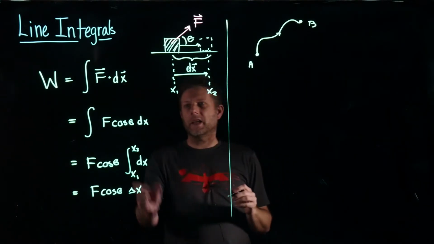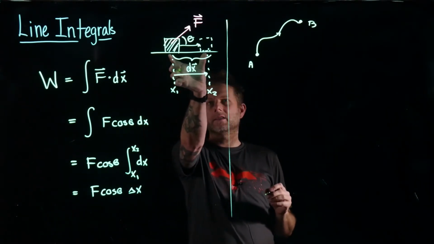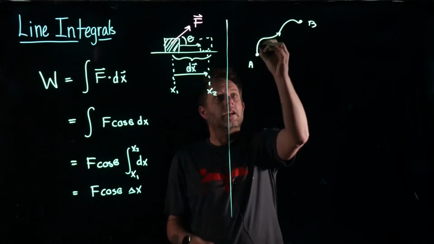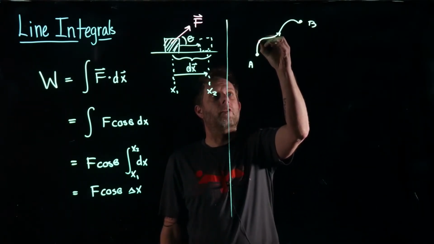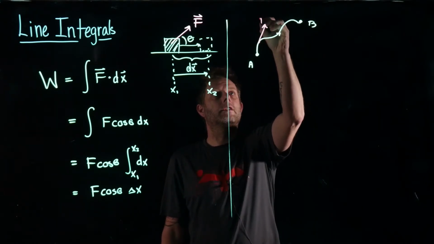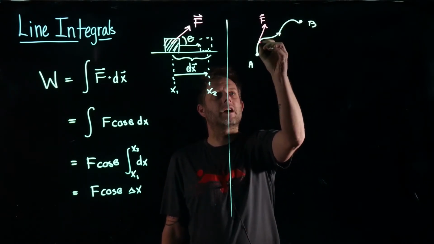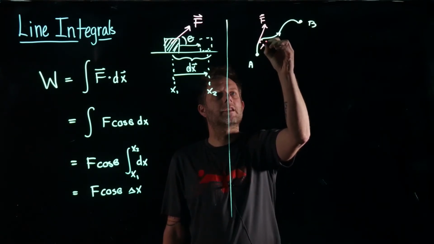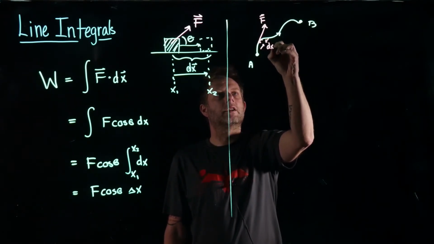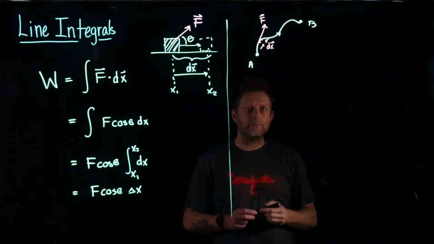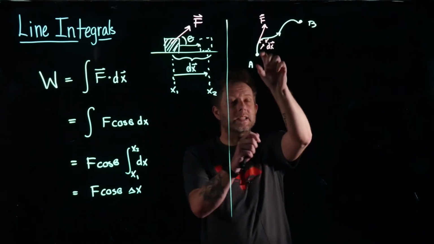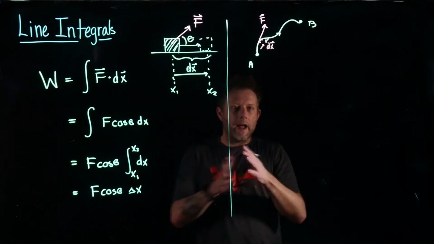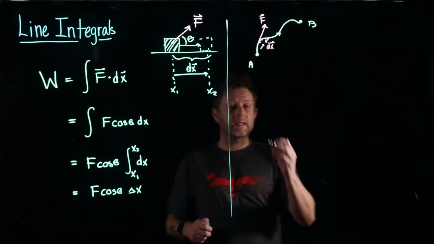Well, we could imagine, if we take this part here, this is a straight line segment, right? At this point here we have some force F. At the same time we're moving some small, infinitesimal distance here. That is our dx. And so we take this curve and break it into a bunch of tiny little straight segments, and we add them together. That will give us a total work, and that's exactly what we do.